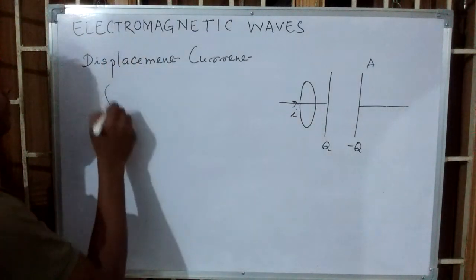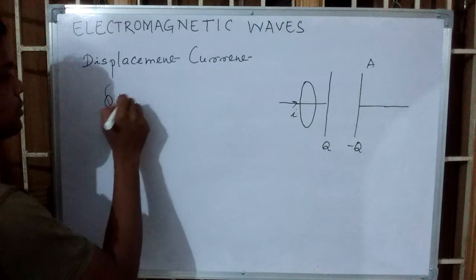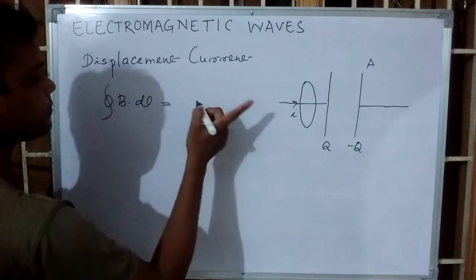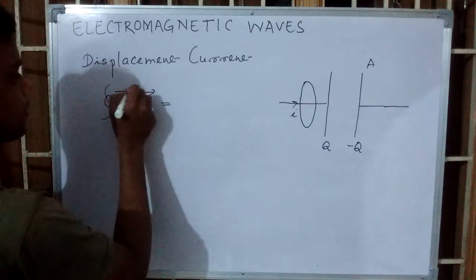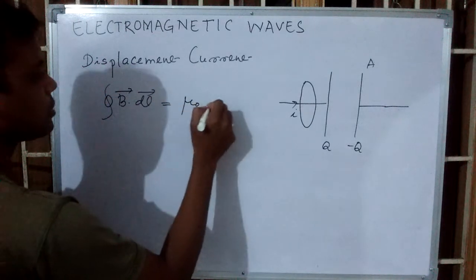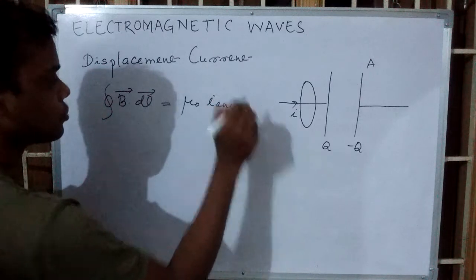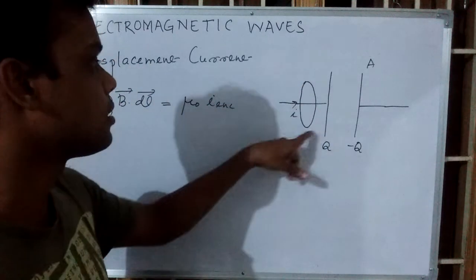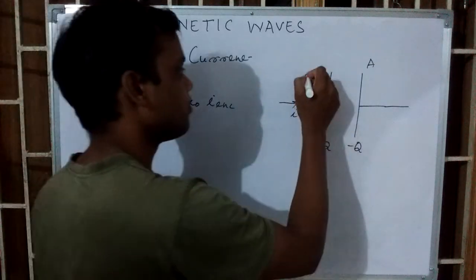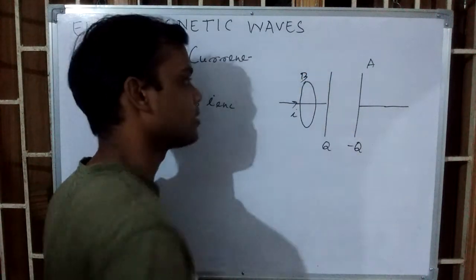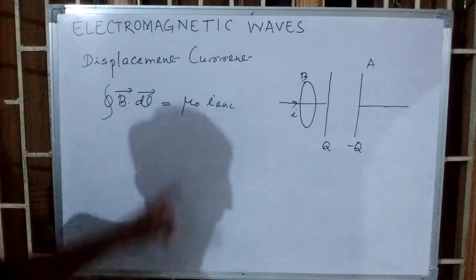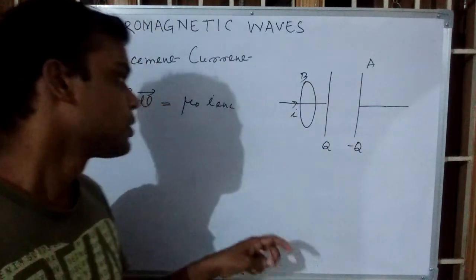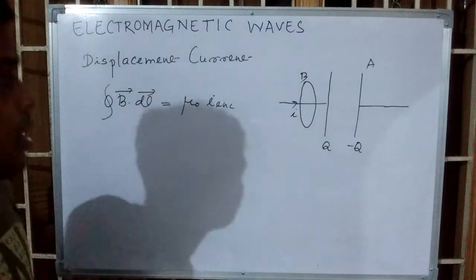We can determine it by Ampere's law, that is the integral of B dot dl is equal to mu naught I enclosed. Here this is the point P where we want the magnetic field B. I enclosed here is I itself, and this is okay.